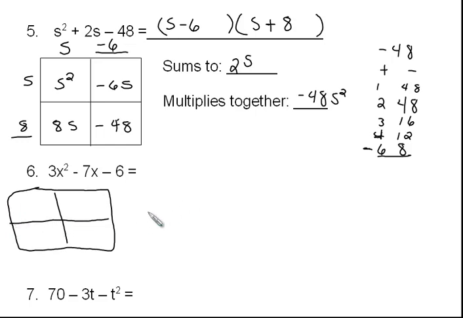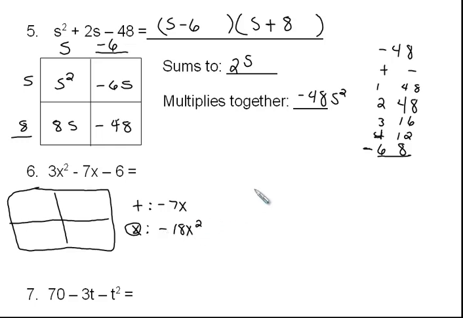Okay, and I'm just going to put plus. We want it to add to be our middle term, which is negative 7x. And we want it to multiply, and I'm going to put a little circle around that so I know it's not an x, it's a multiplication. We want it to multiply to be 3x squared times negative 6, or negative 18x squared.